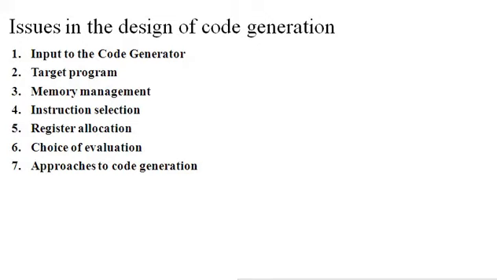Fourth one is instruction selection. If we don't care about the efficiency of the target program, instruction selection is straightforward. It requires special handling. For example, a sequence of statements like A = B + C and D = A + E would be translated into machine code like: move B, R0.